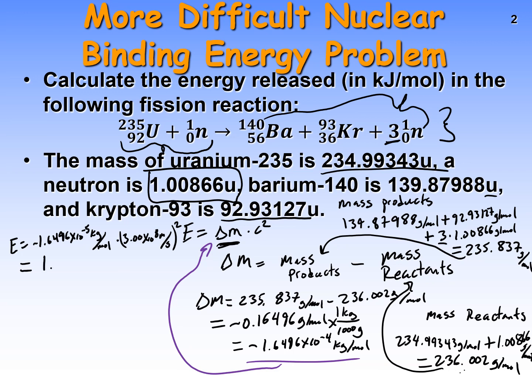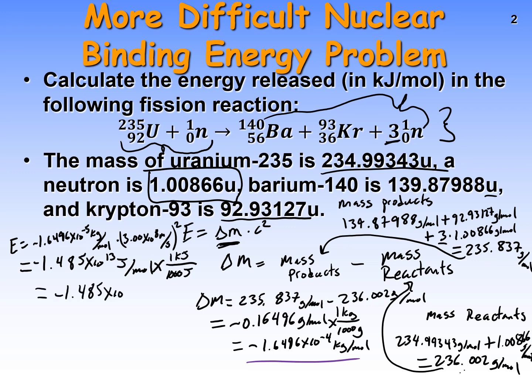What we get is negative 1.48, we'll just go to four sig figs, 5 times 10 to the positive 13 joules per mole of this reaction. Now, we were asked in kilojoules, so we're going to change from joules to kilojoules. There are 1,000 joules in 1 kilojoule. This gives me negative 4.485 times 10 to the 10 kilojoules per mole.